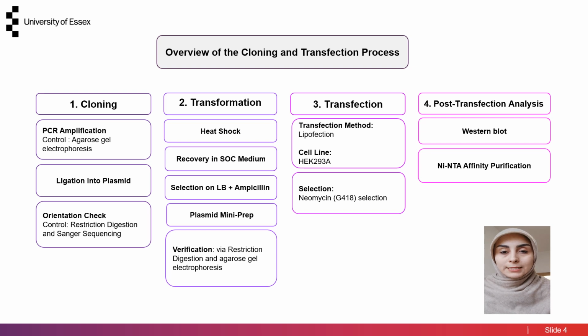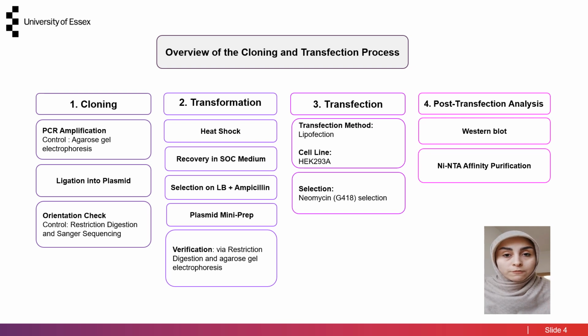There are four main stages for designing and validating this expression vector. The first one is cloning, in which the gene of interest is amplified, digested with the restriction enzymes, and ligated into the plasmid vector for transformation into bacteria. Transformation is the stage in which the recombinant plasmid is introduced into competent E. coli cells for replication and selection.